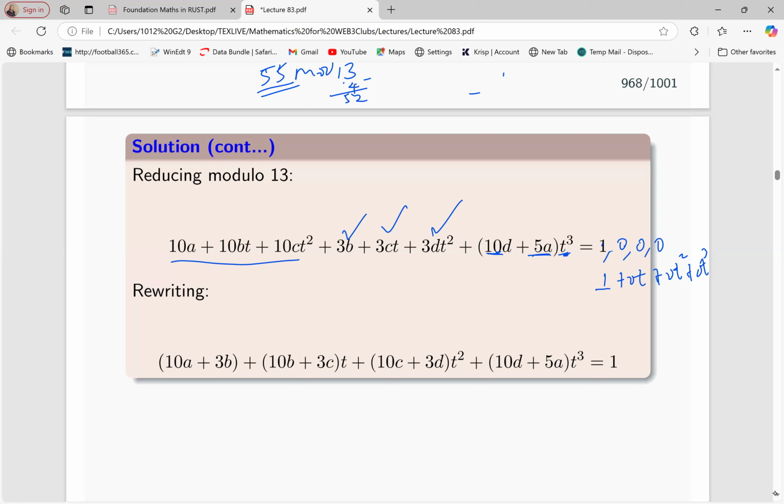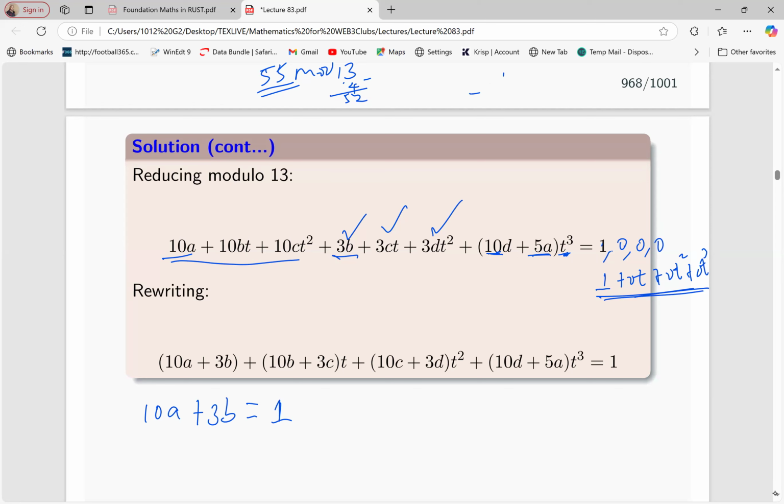Those without t, like for instance 10a and 3b, I equate to the one without t on the right-hand side.